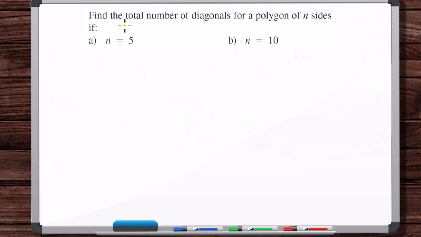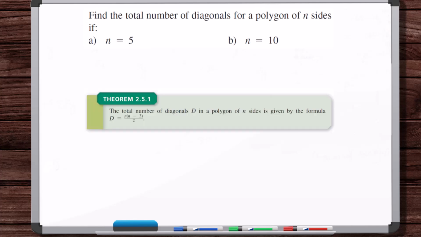Okay, find the total number of diagonals for a polygon of n sides if n is equal to 5 and n is equal to 10. So, okay, we talked about a relationship that gives the number of diagonals of a polygon based on the number of sides. And we talked about where this comes from. So, okay, we've got D, the number of diagonals, is equal to a formula where n is the number of sides.